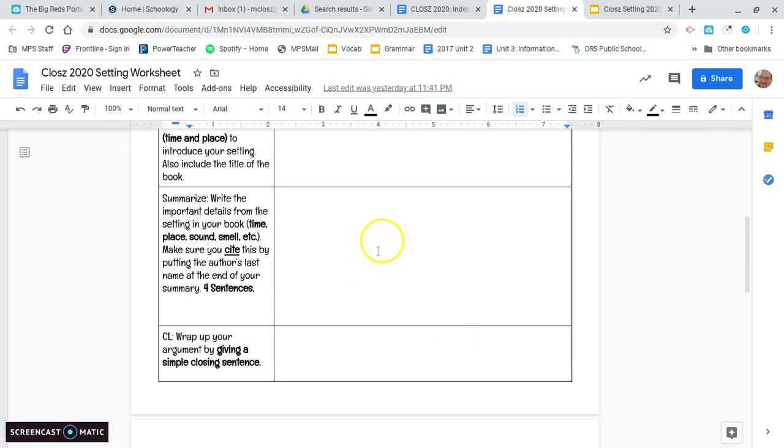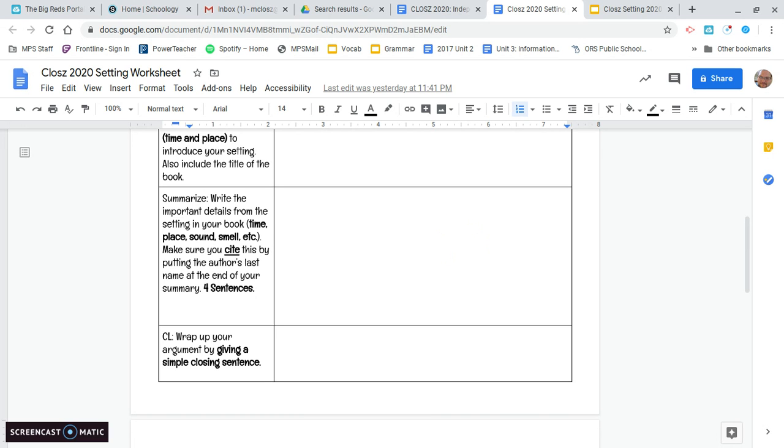Now you write some important details here in the next 3 sentences. You need some times mentioned in your book, place, sound, smell, any of that stuff. Make sure you put the author's name at the end of your sentence. We didn't have time in school to really go over this too much. We're going to go over it at the end of this unit.